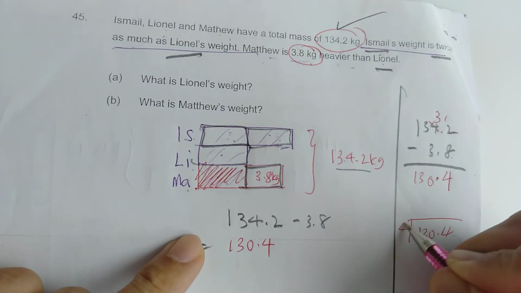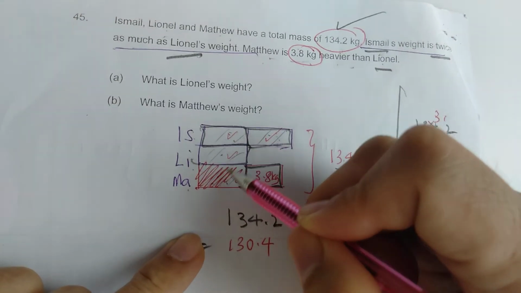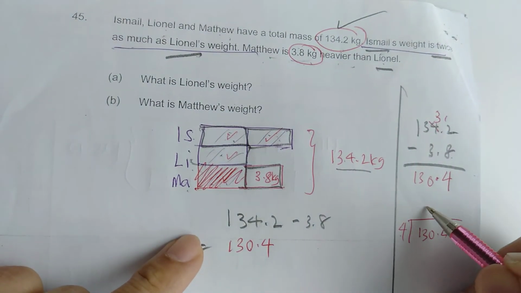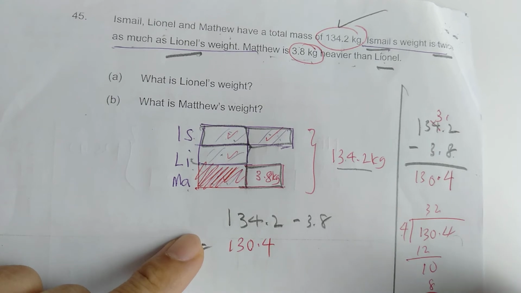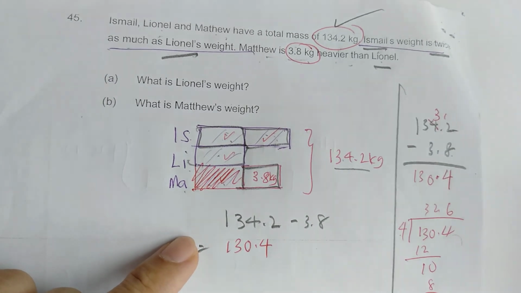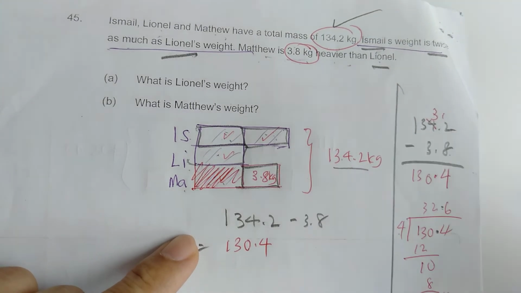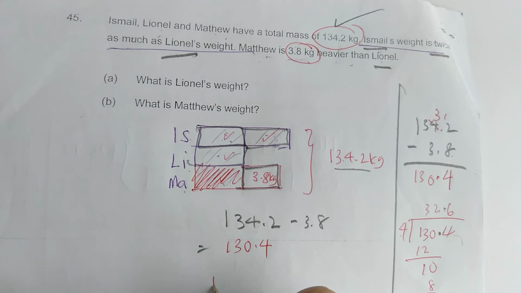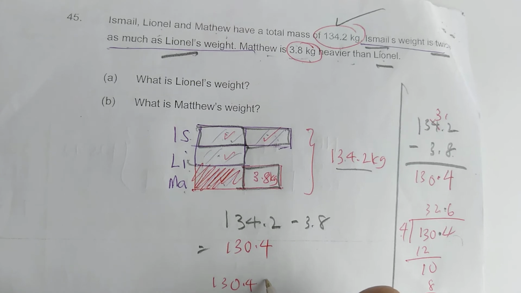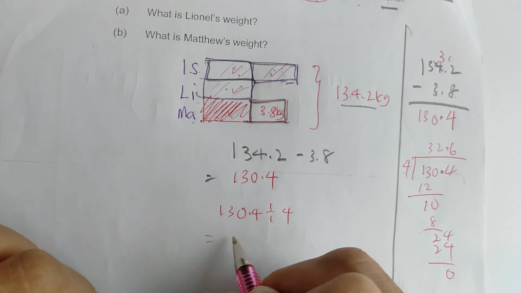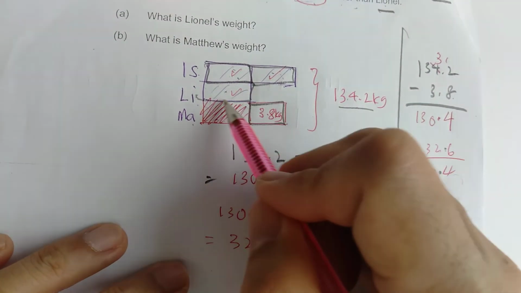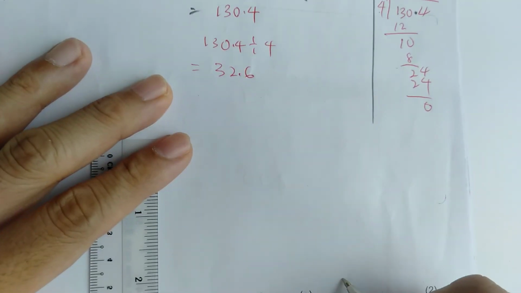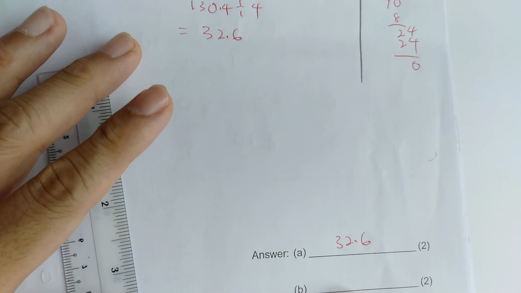I divided by 4. Why 4? 1, 2, 3, 4. 4 times 3, 12. Times 2, 8. Times 6, 24. Don't forget my decimal. So 130.4 divided by 4 is equals to 32.6. And that is Lionel's weight, 1 unit. So first answer is found, 32.6.